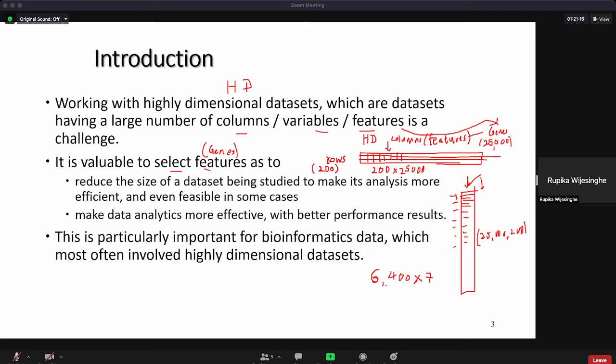So this is high dimensional because these are the features, right? I think all of you have done machine learning, right? In machine learning, we talk about features.